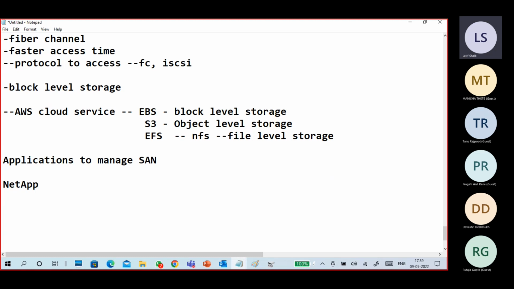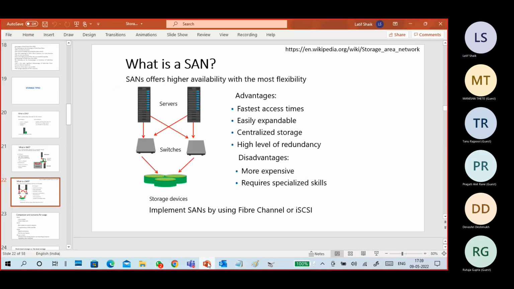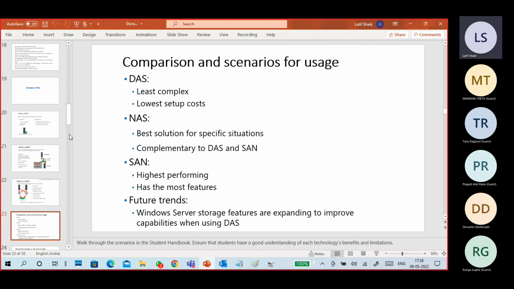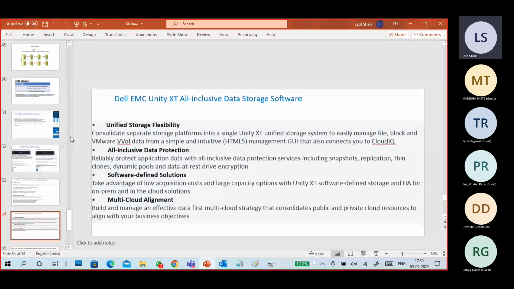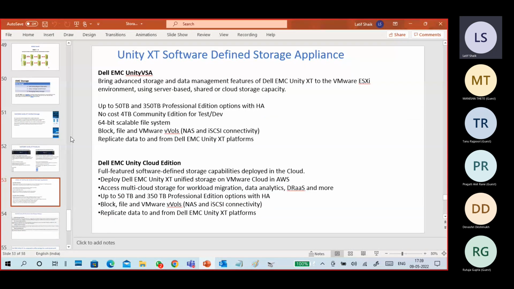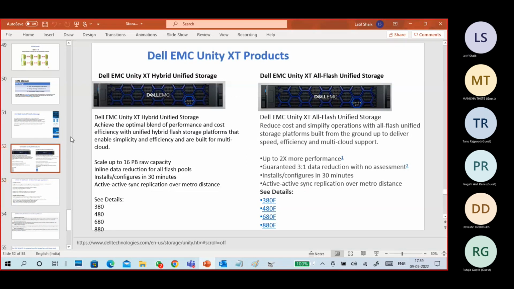IBM Tivoli is a backup solution, but it is also among storage solutions. Dell EMC storage, so Dell EMC Unity storage. I will show you that one; it will be there at the end. This is software defined storage appliances. This is direct hardware devices, 16 petabytes raw capacity.